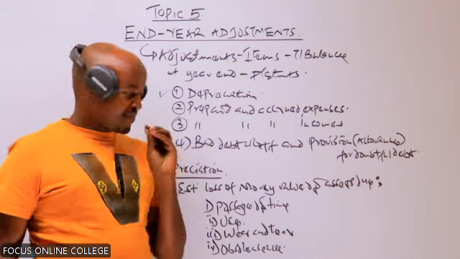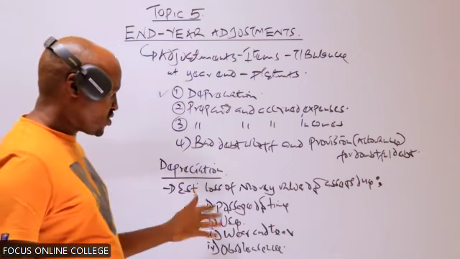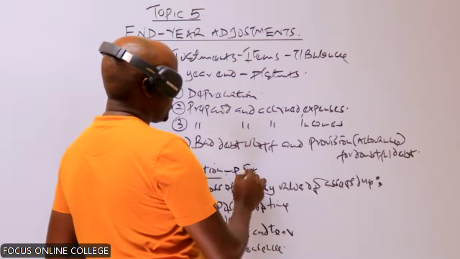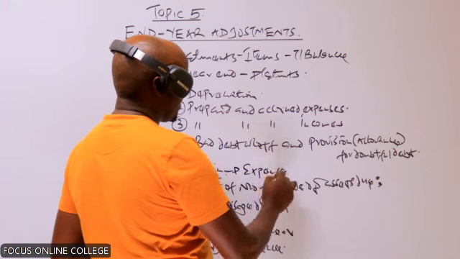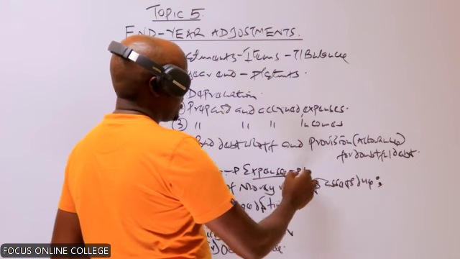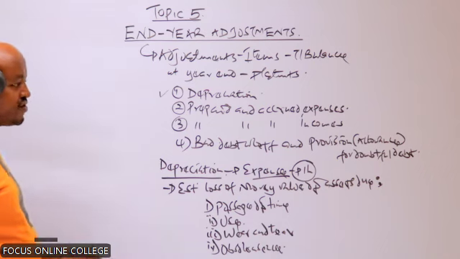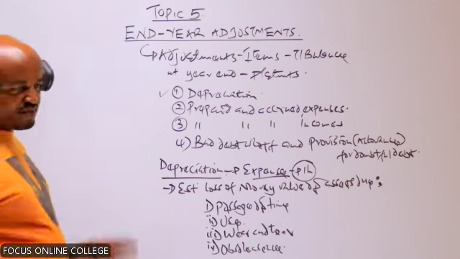So that loss of money value will be accounted for as an expense when computing the profit or loss for the year. Whenever the business is computing the profit or loss, this should be treated as what?